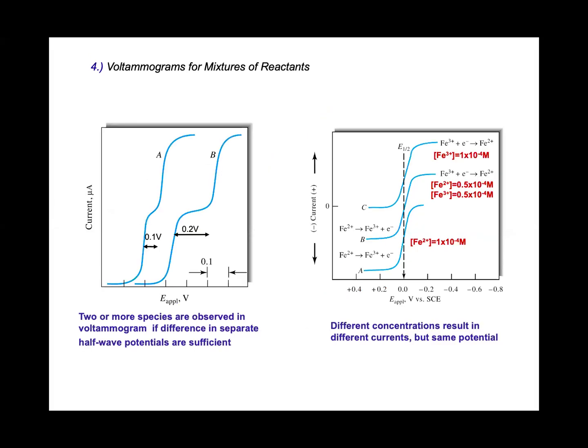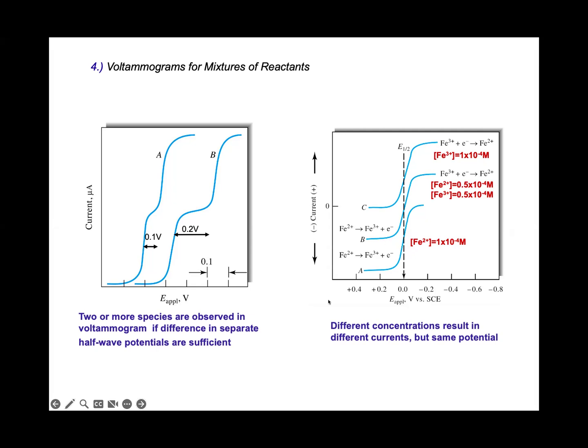You can see that we can have two or more species. Let's say you have a mixture of cadmium and probably arsenic inside the beaker, then we should be observing two different half-wave potentials, depending on whether their half-wave potentials have a big difference.